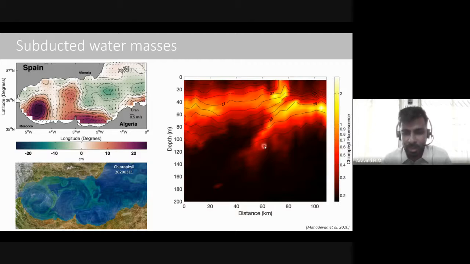So looking at the vertical displacement magnitudes here, we can conclude that these are a result of subduction processes that occurred in the past.